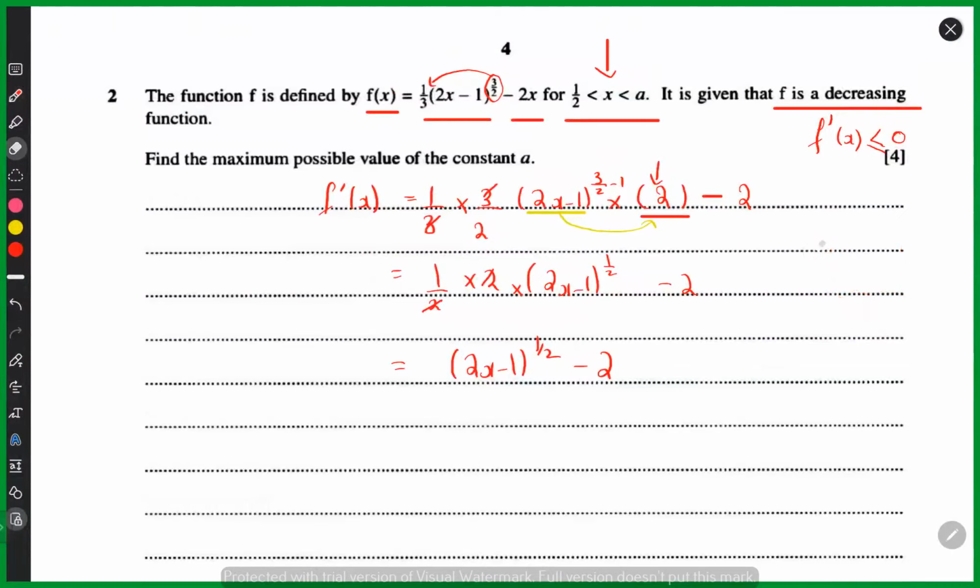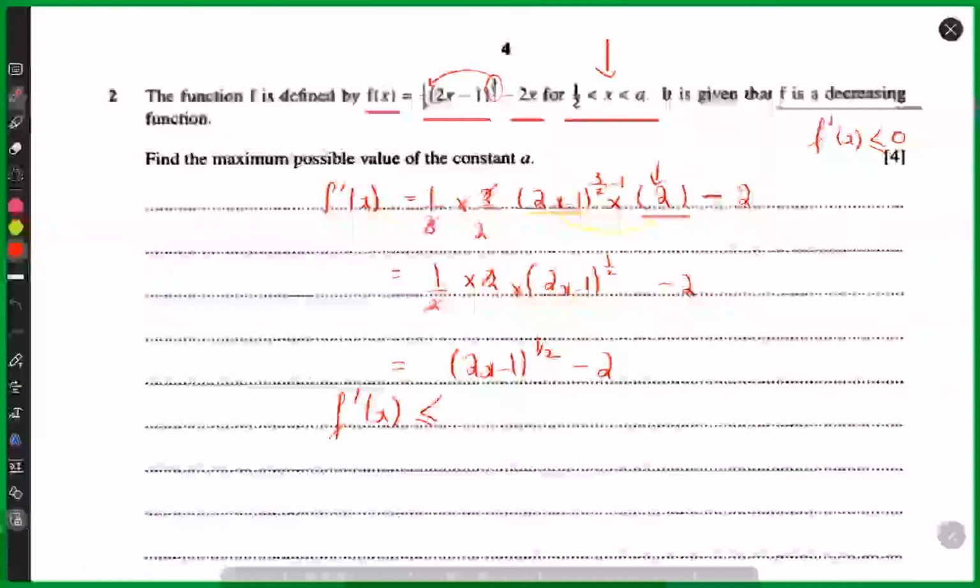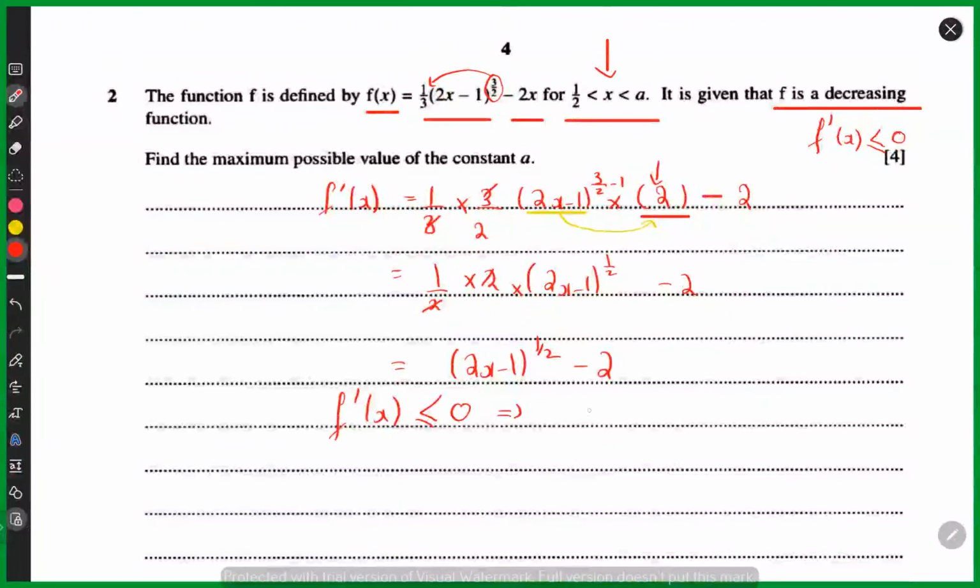Okay, so now we know that the function is decreasing and the condition is f dash of x is less than or equal to 0. So that would imply 2x minus 1 to the power 1 by 2 minus 2 is less than or equal to 0. Now I am going to take this 2 on the other side and it would become 2x minus 1 to the power 1 by 2 less than or equal to 2.